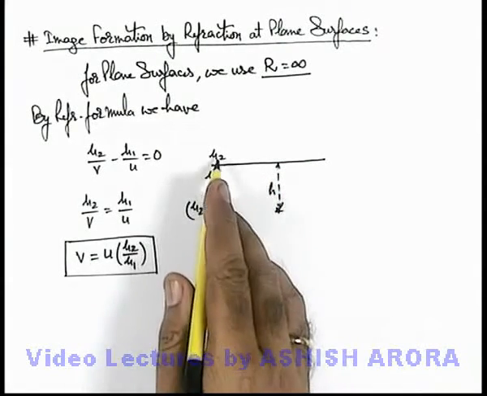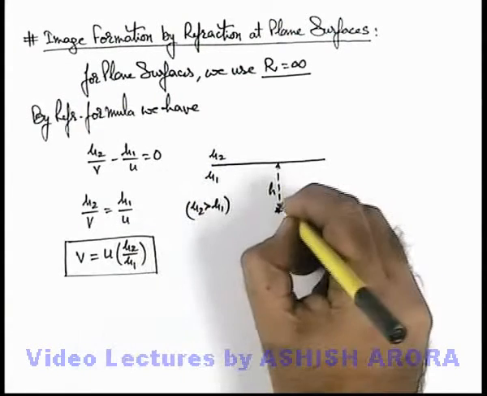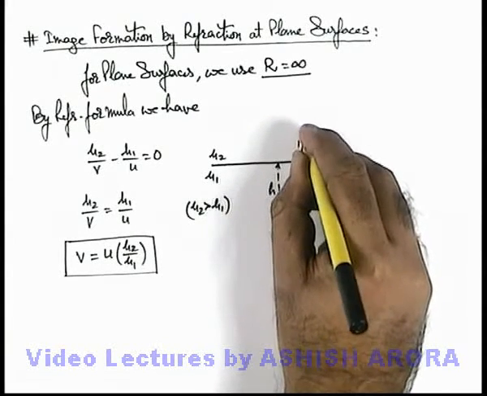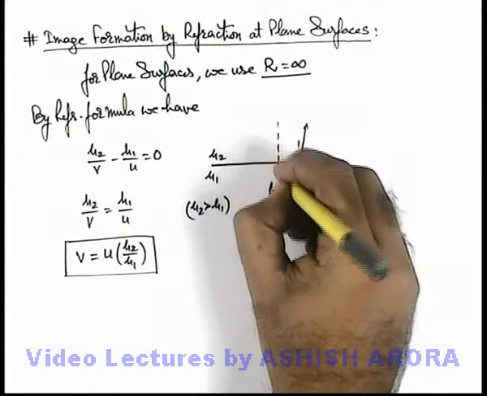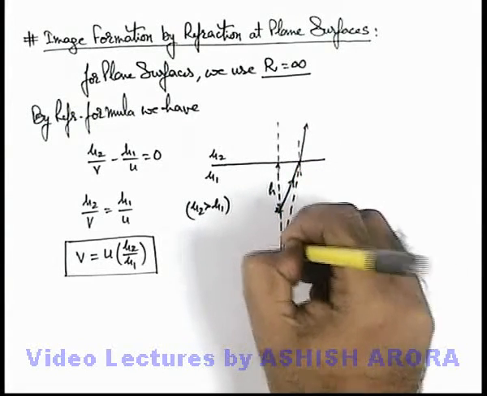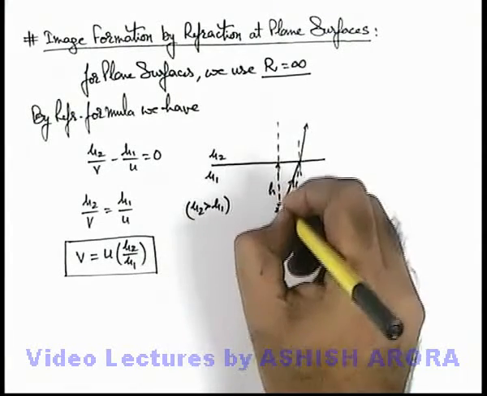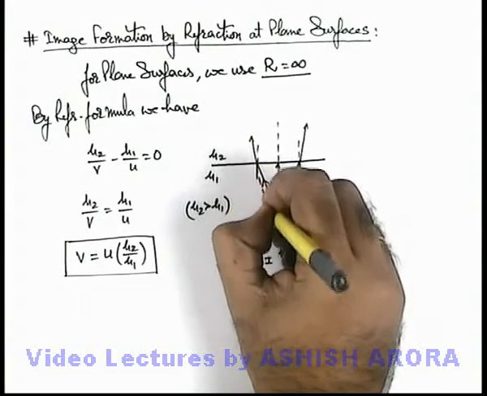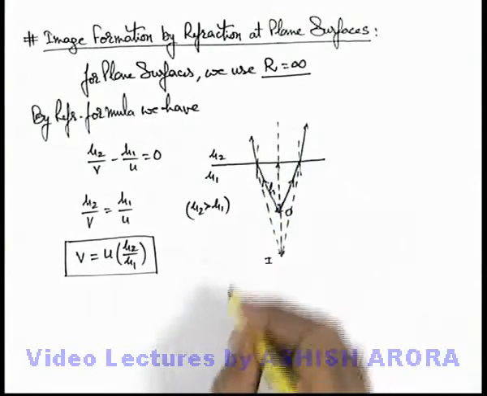Here, if mu2 is greater, then we can directly state that the second medium is denser, so whichever light is incident on the boundary will bend toward the normal, and this will be a diverging light ray with respect to its principal axis, and it appears to be coming from a point which is behind the location of the object. This point can be considered as the image where all refracted rays appear to meet. If we draw many refracted rays, all these rays appear to be coming from this point, which will be considered as the image of this object.